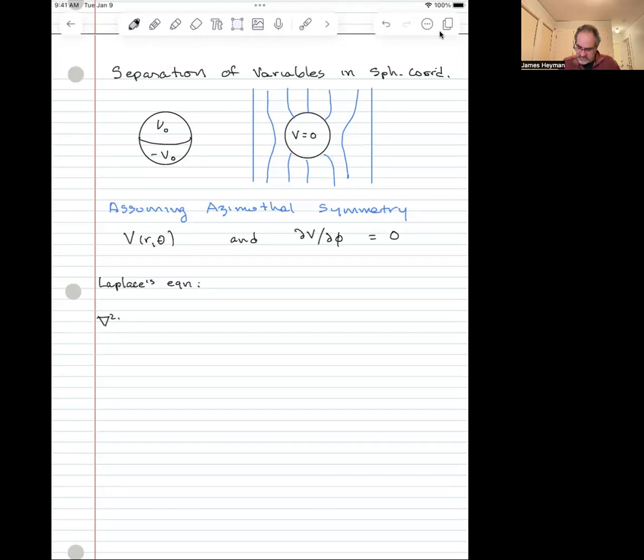So we'll start out writing del squared V in spherical coordinates, basically following the formula on the inside cover of our textbook.